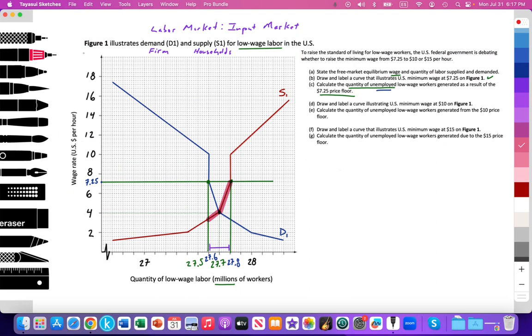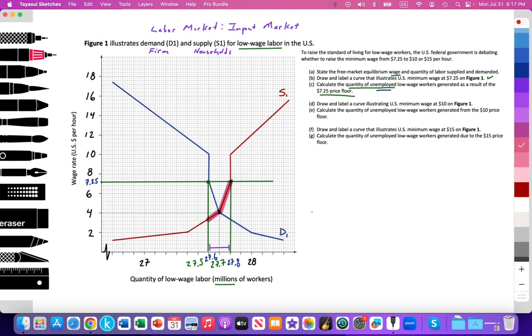On the y-axis, we're not measuring prices, we're measuring the wage or the value of that resource, labor. And it is in dollars per hour, $2, $4, $6, and so forth. So it's going up by units of $2 on the y-axis. On the x-axis, we're measuring the quantity of labor in millions of workers. And we see we're not starting at 0. It's skipped ahead. Here we're at 27 million, moving onwards to 28 million.